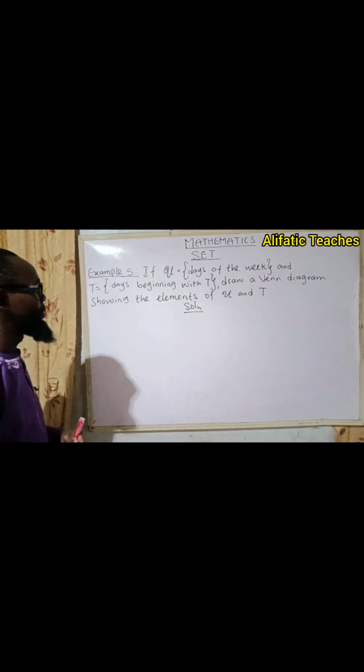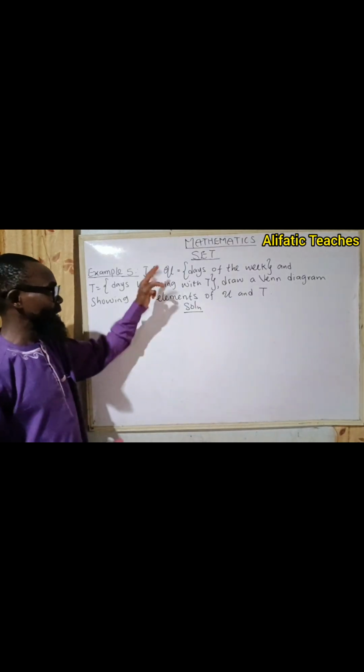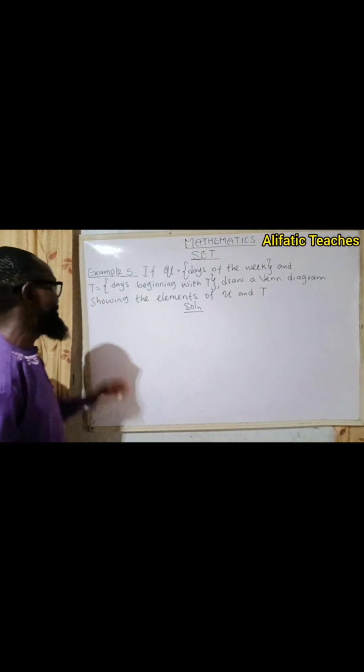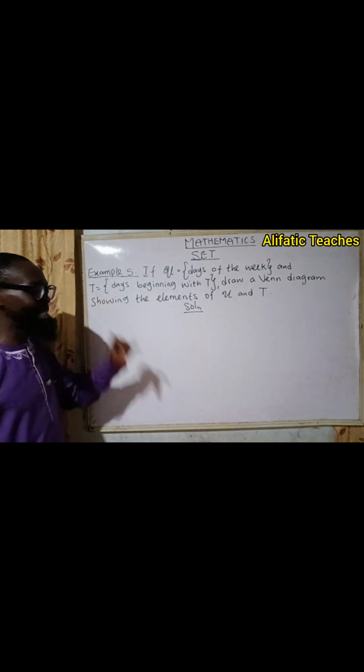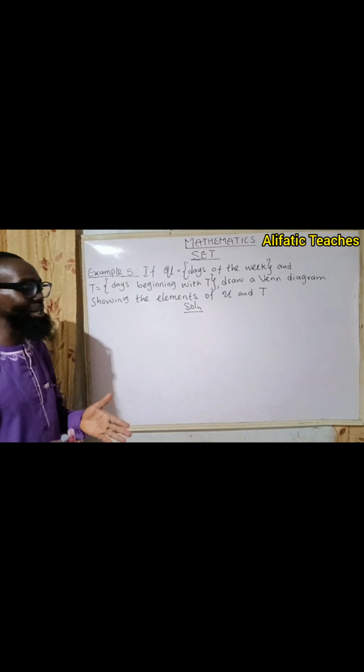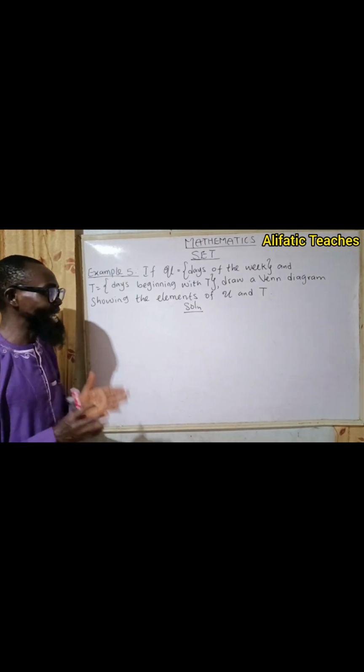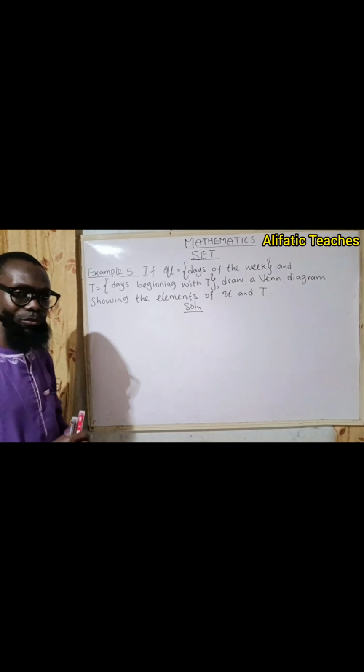Example 5. If the universal set equals days of the week and T equals days beginning with capital letter T, draw a Venn diagram showing the elements of both of them.